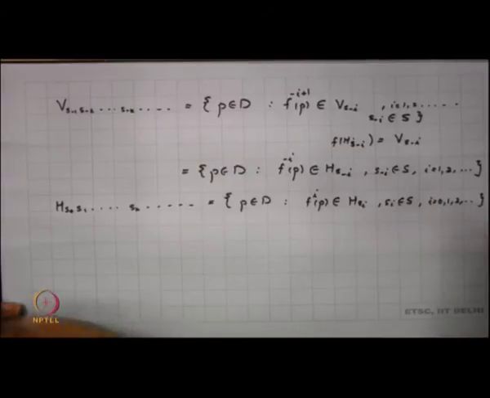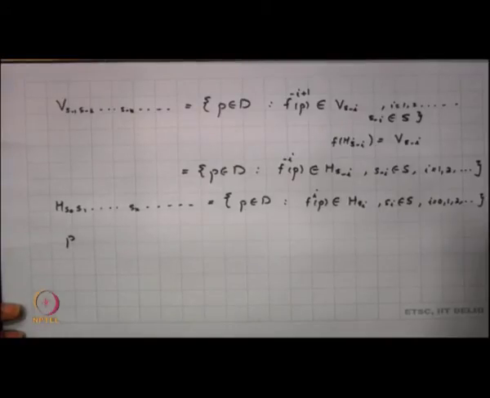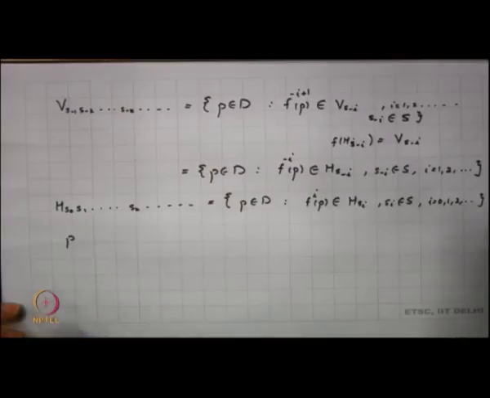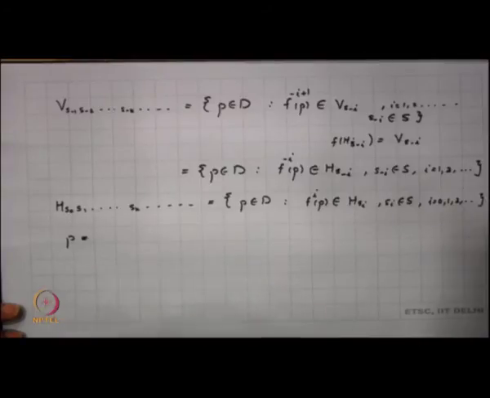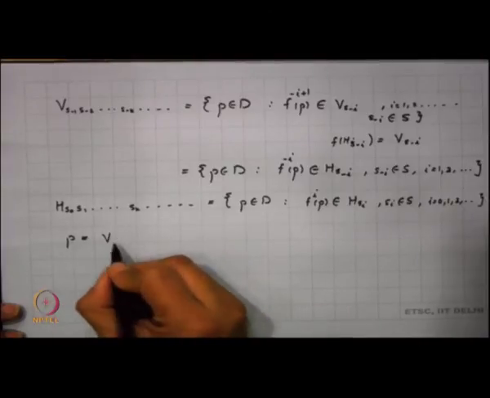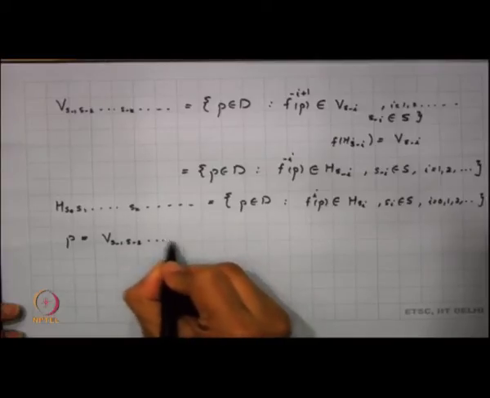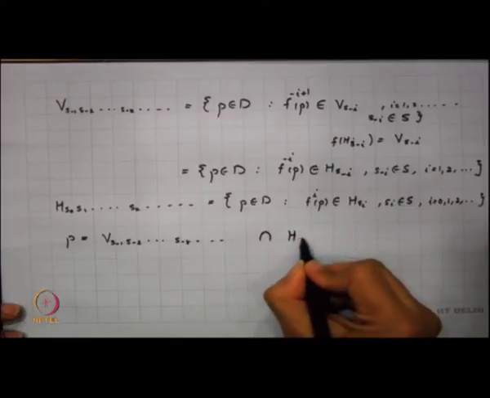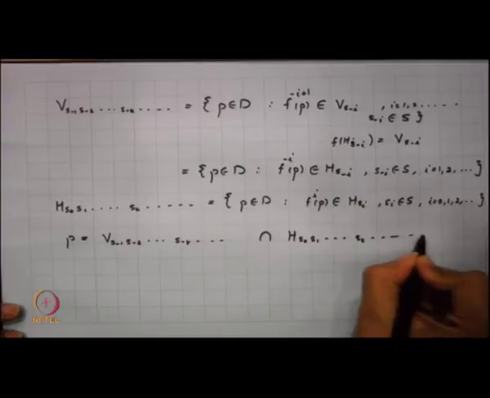So, I can say the point p that we have is the unique point of intersection of this horizontal line with this vertical line. It can be written in this form: the unique intersection of S minus 1, S minus 2, S minus k and so on, with H of S naught, S 1, S k and so on.